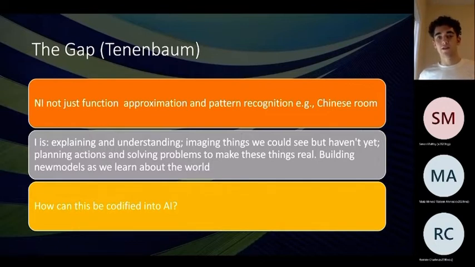It's explaining and understanding. It's imagining things that we could see but haven't yet. It's planning actions and solving problems to make these things real. It's building new models as we learn about the world. Tenenbaum says this is what real intelligence is, and asks, how do we turn this into AI? How do we encode this into a system that we want to do whatever we need?